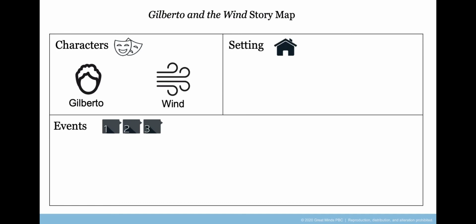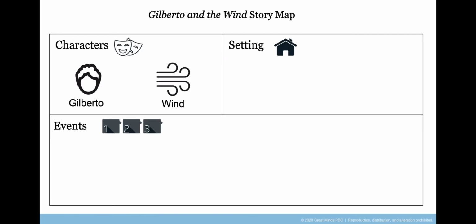Now remember, the setting is when and where the story takes place. And now what I'd like you to do is share your ideas about the setting of this story with your learning partner, or just share aloud. Here are a few settings I thought about. I thought about Gilberto's house, the pasture, the meadow, the pond, or the fence.